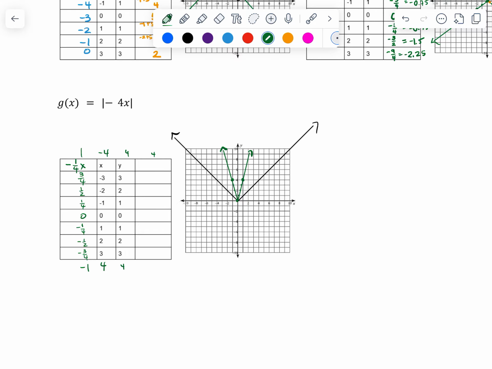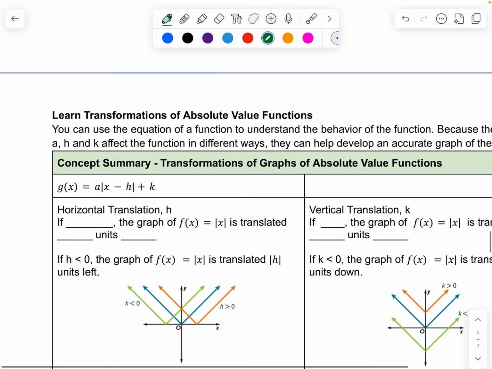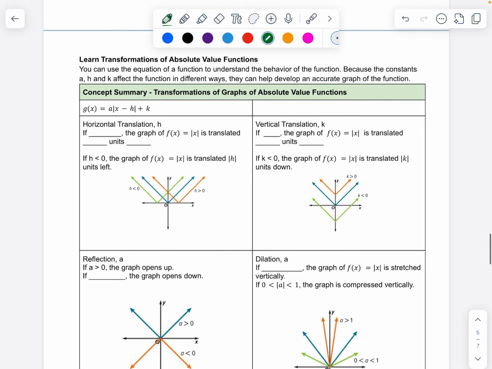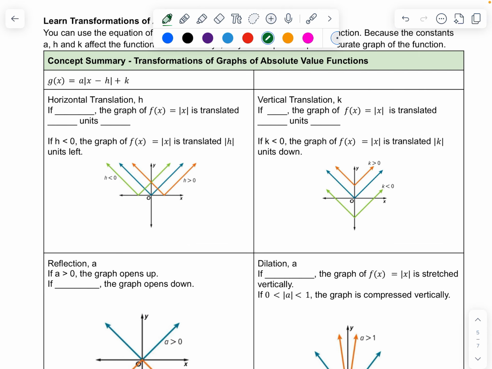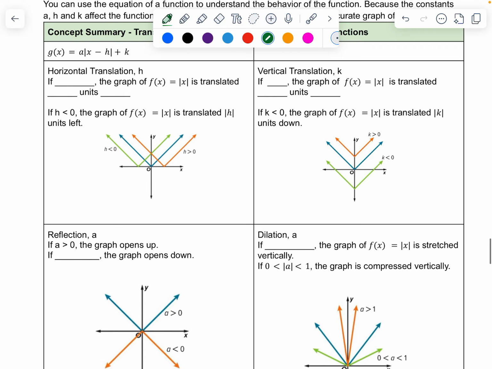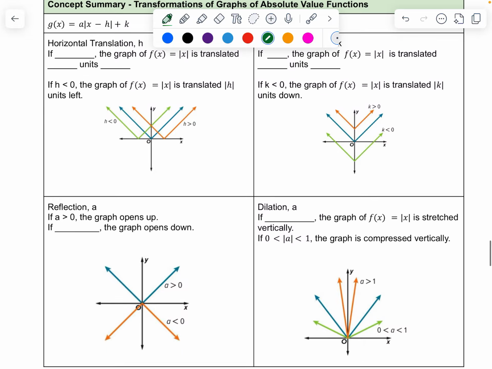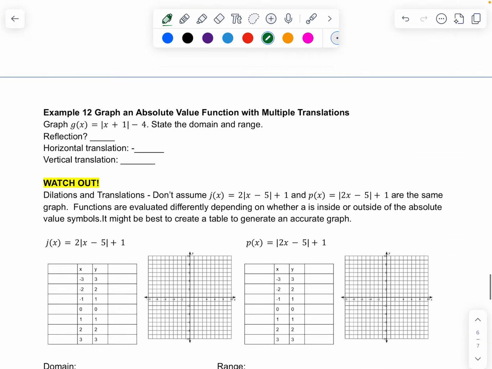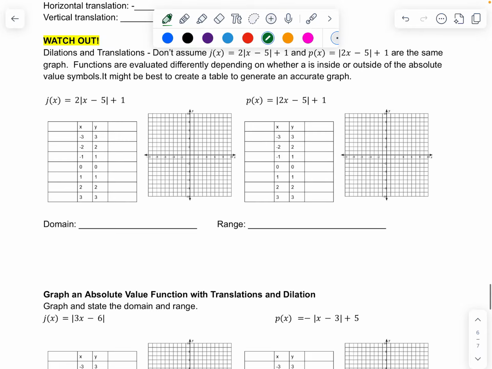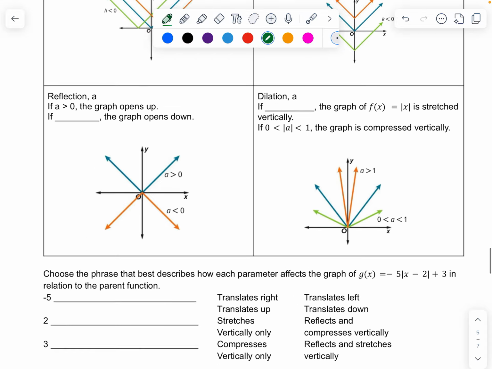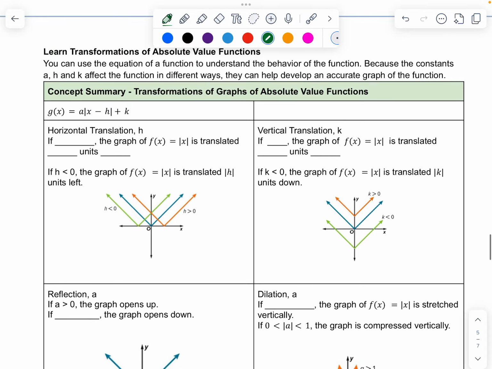Okay. Now, here we go. Let's come down here. So here we are. We are doing multiple things.